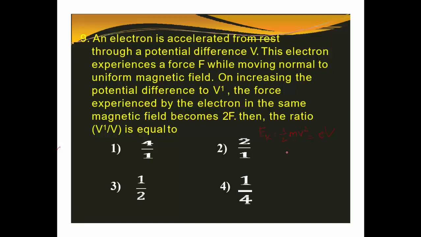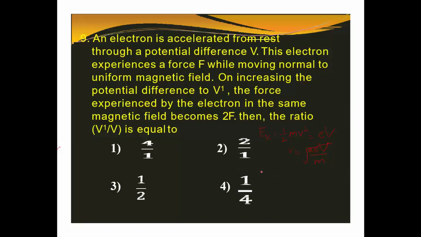So from this we can understand that velocity v equals the square root of 2eV divided by m. So this is velocity in terms of potential difference.